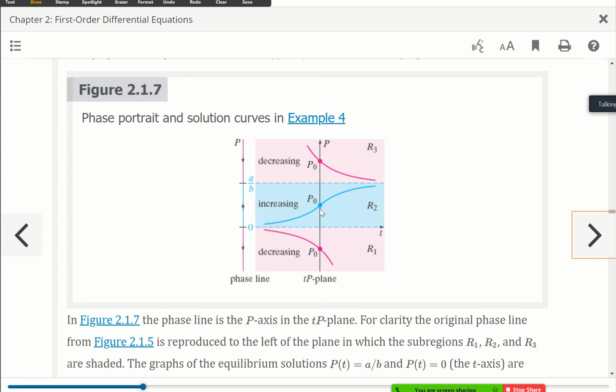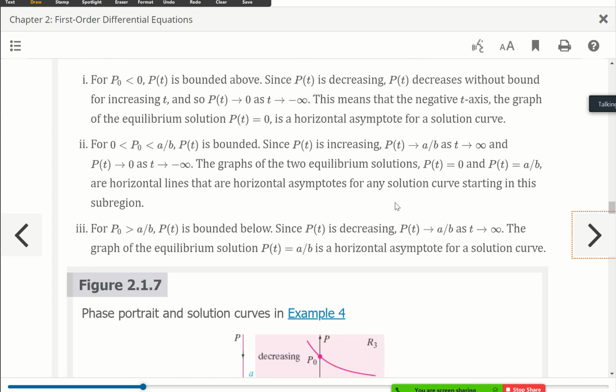As time approaches negative infinity, it's going to go back and approach the constant solution P equals 0, and as time increases towards positive infinity, it's going to approach the constant solution a over b. So it's approaching 0 as time goes to negative infinity, and approaching a over b as time goes to positive infinity.